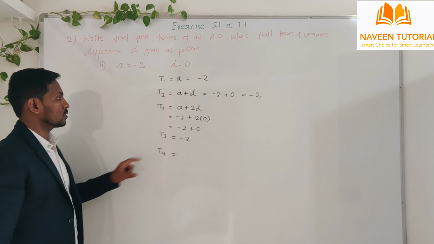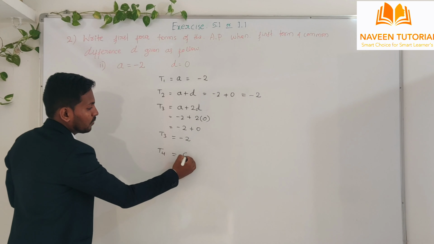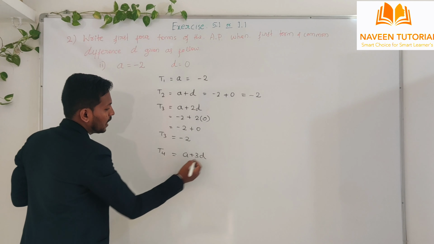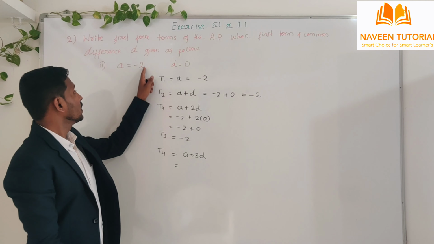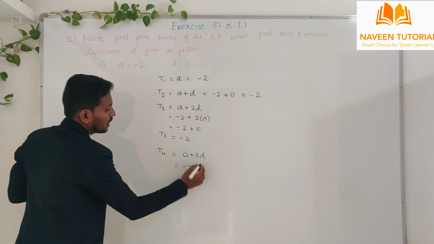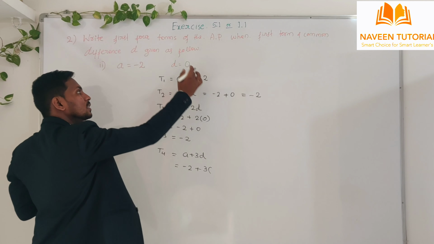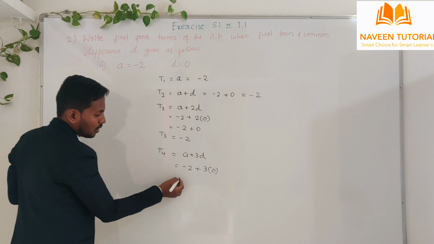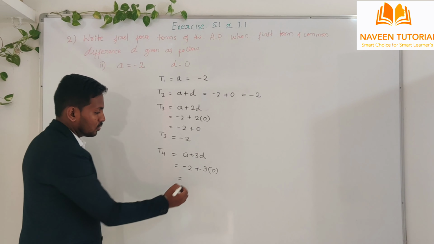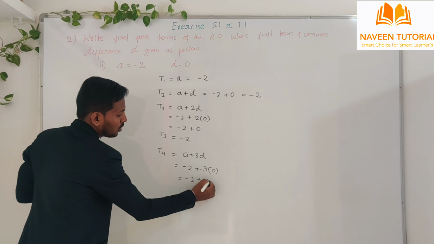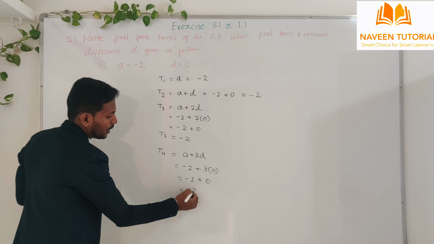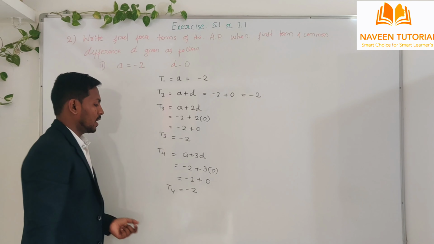T4 is equal to A plus 3D. The value of A is minus 2 plus 3 times 0, which is 0. So again we obtain T4 is equal to minus 2.